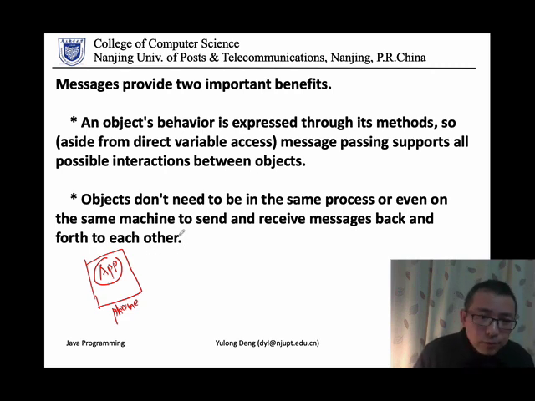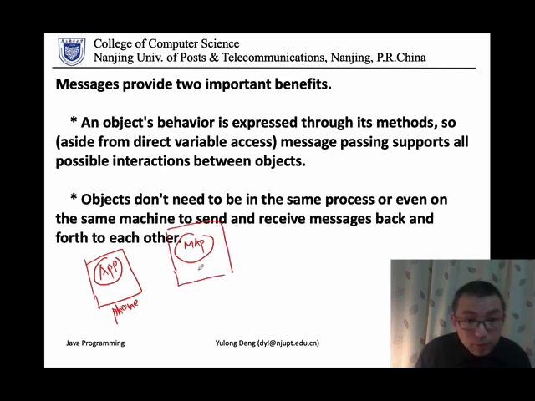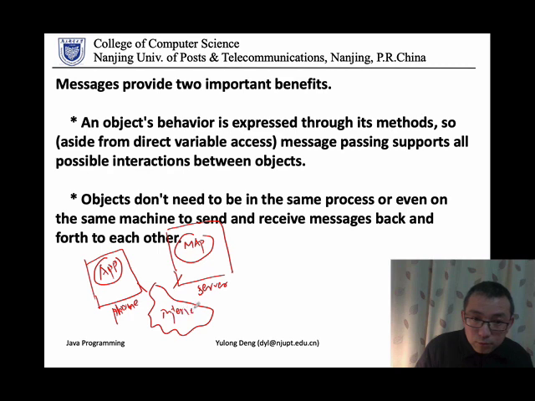The map is not inside your phone, so to use the map service you must interact with another object, the map object. This map object is not on your phone, it's on the server. And your phone and your server are connected with each other through the internet.